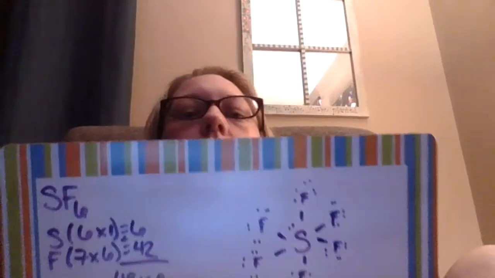So there's the next step on my Lewis structure. 2 of these bonds on sulfur are going to become double bonds, giving sulfur 8 total electrons to complete its octet.